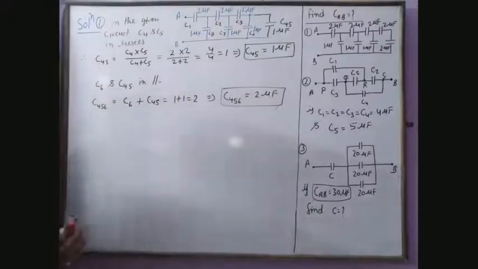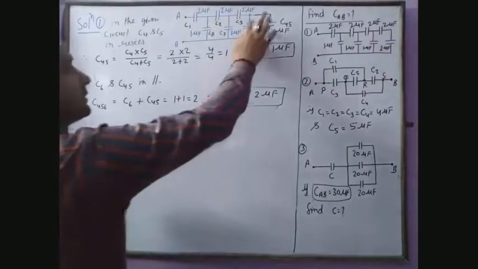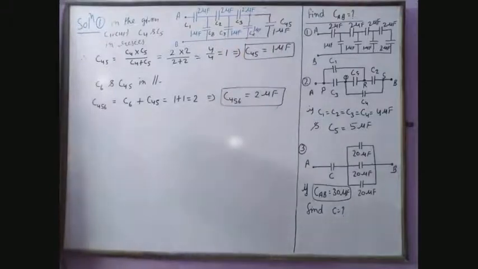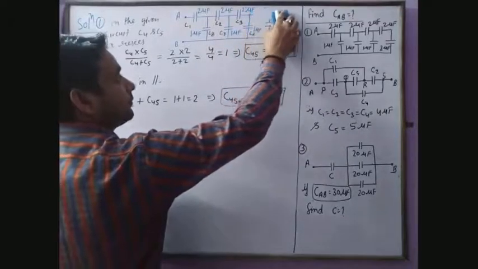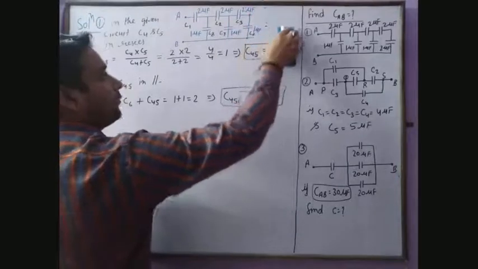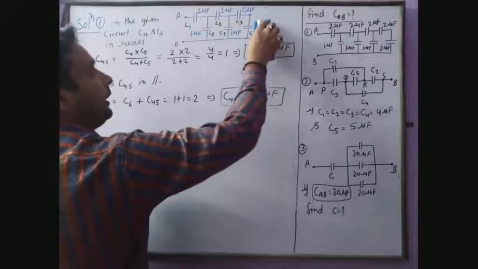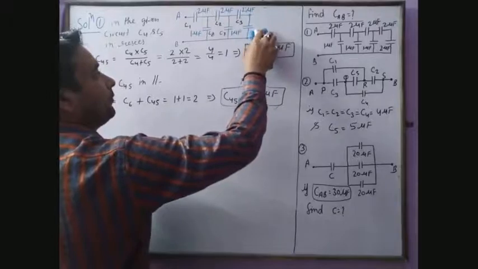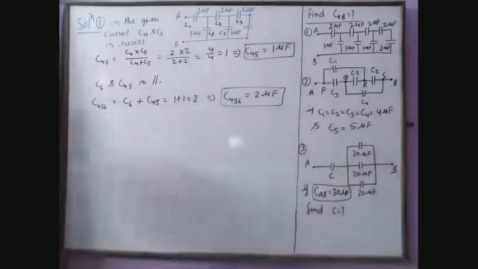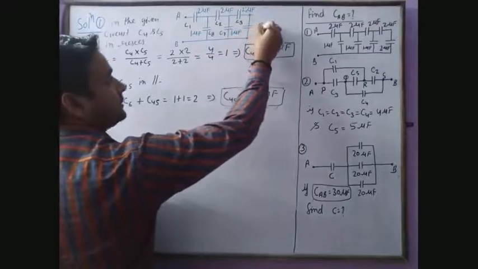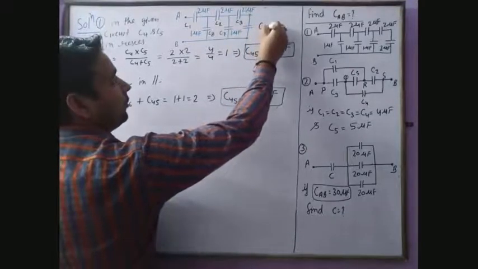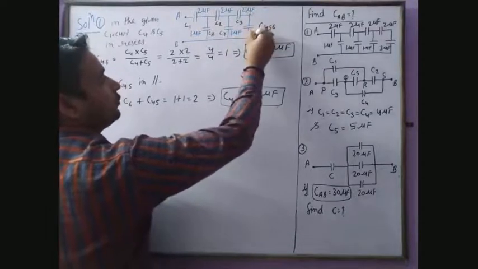Clear? Now when you solve this, this half is solved here, and in place of this you can write C456, which is 2 microfarad.